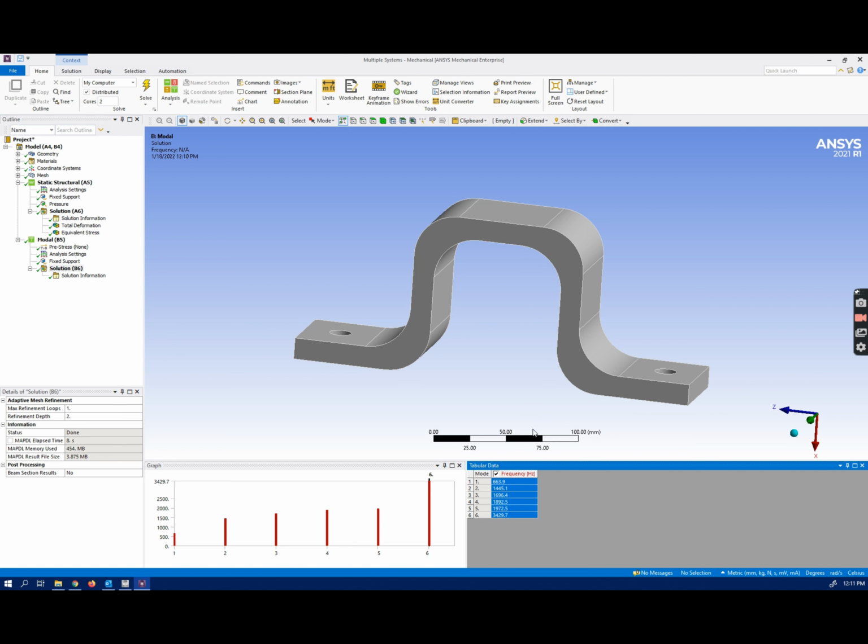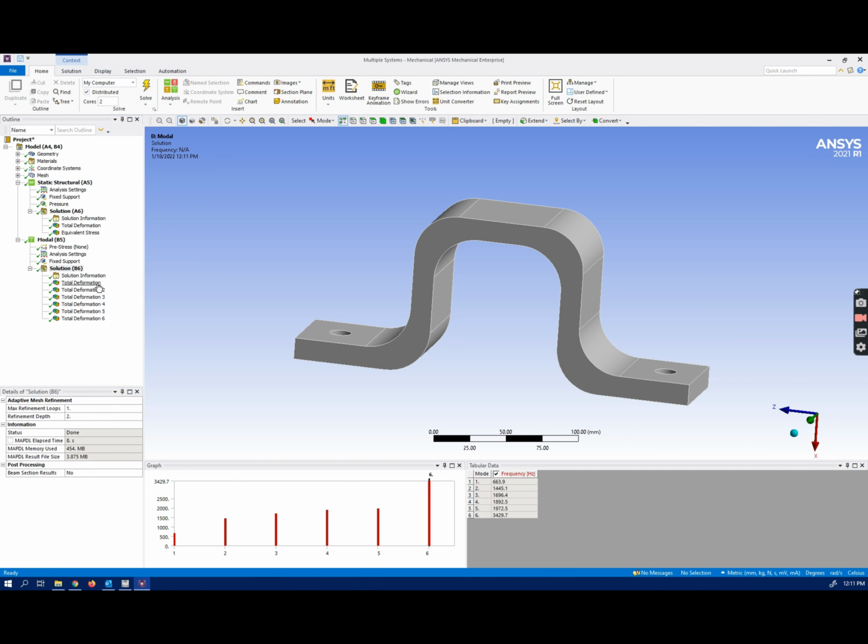We don't know, for example, this 600 hertz, what type of frequency is that? Is it going to be a horizontal one, vertical one, twisted one? That is why I selected all of them, and I'm asking to create the mode shaped results. Otherwise, it's just natural frequencies. I need to know the shape. Now I have all the information. Let Ansys solve them.